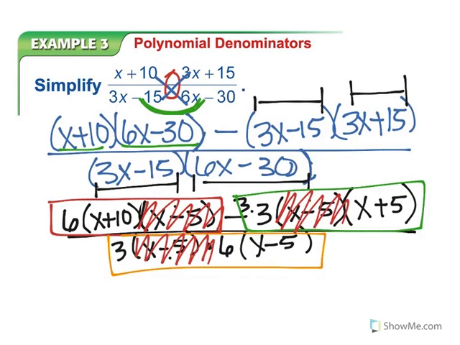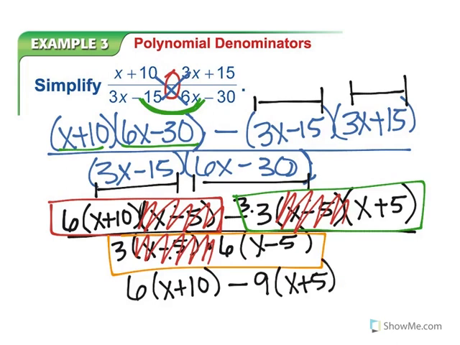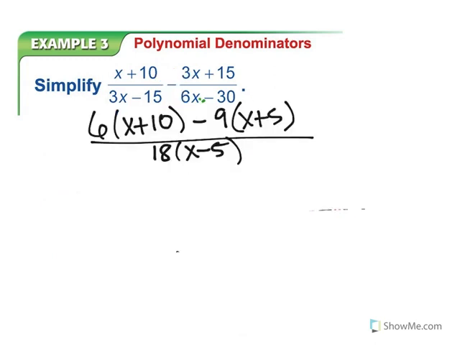Next thing I'm going to do, I'm going to look at the numbers. So I have 6 times x plus 10, minus 3 times 3 is 9, so 9 times x plus 5, divided by 3 times 6 is 18, times x minus 5. I'm about to erase this, so make sure you have it written down.